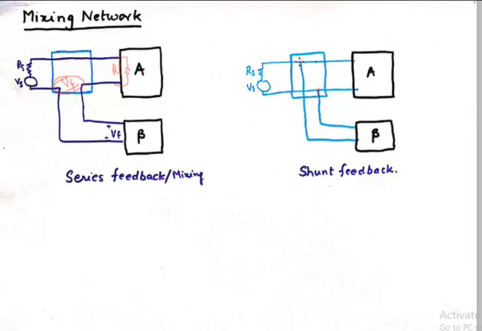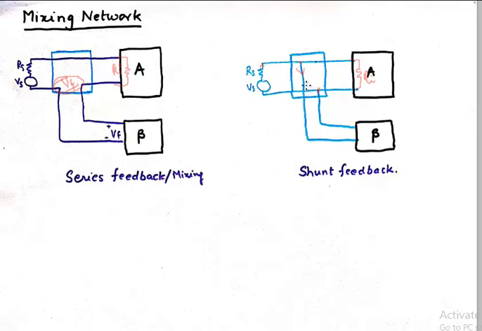shunt connection, you'll see that from this Vs, if some source current originates, some current will deviate in this path and the rest of the current will go into the Ri, which is the input resistance. So deviation of current means that the shunt feedback will feed back the current element to the mixing network.